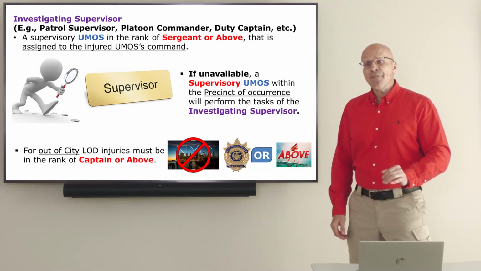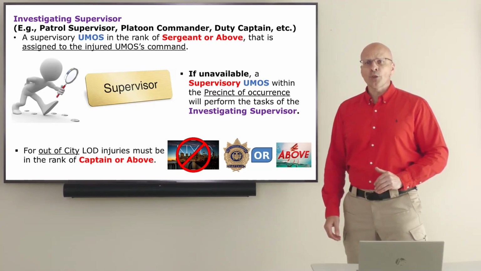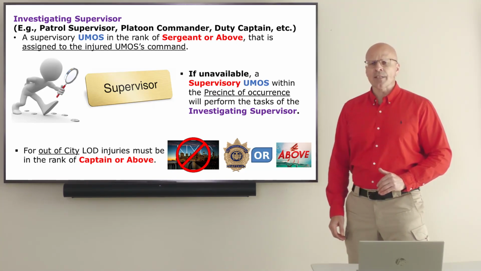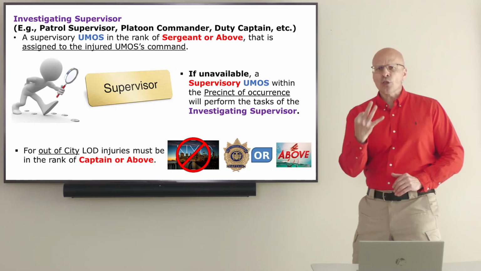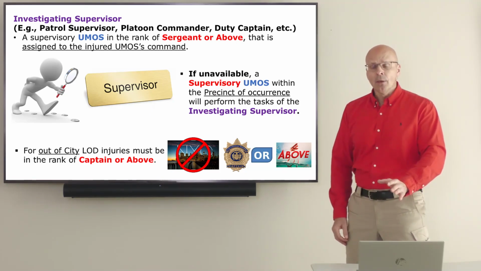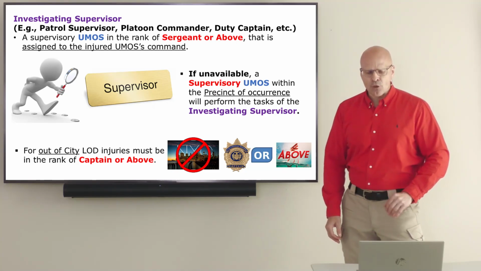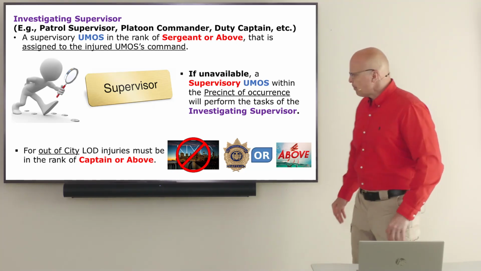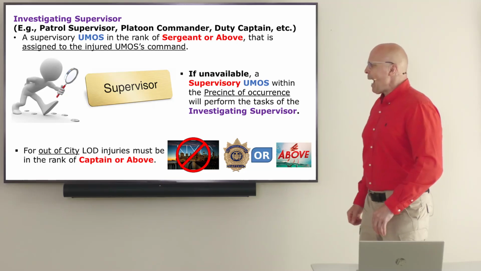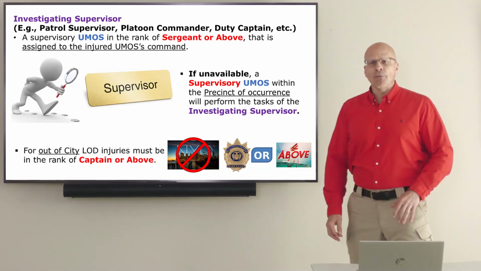So the 81st precinct sergeant or above will perform the duties of the investigating supervisor. Please know those 3 examples. And we're going to go over those 3 examples again when we cover this, just before we cover the duties of the investigating supervisor. And lastly, for out-of-city line-of-duty injuries, the investigator must be in the rank of captain or above.